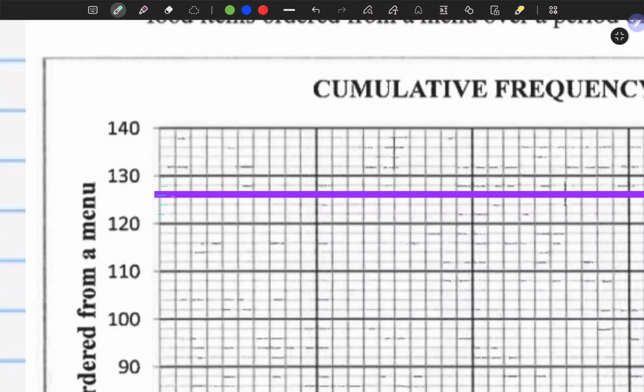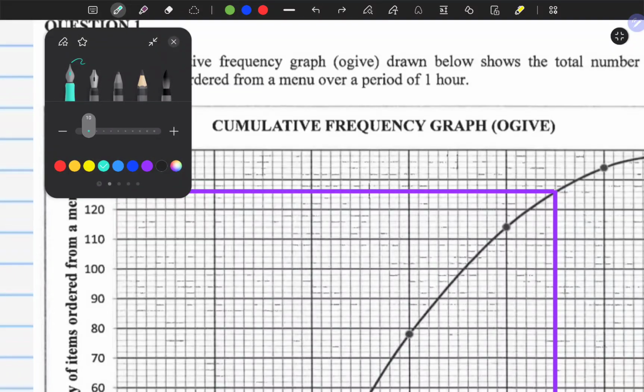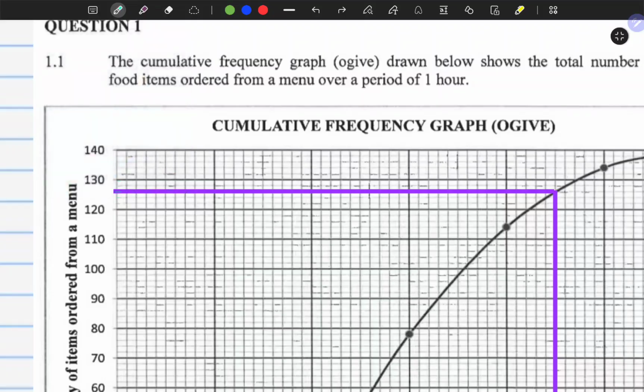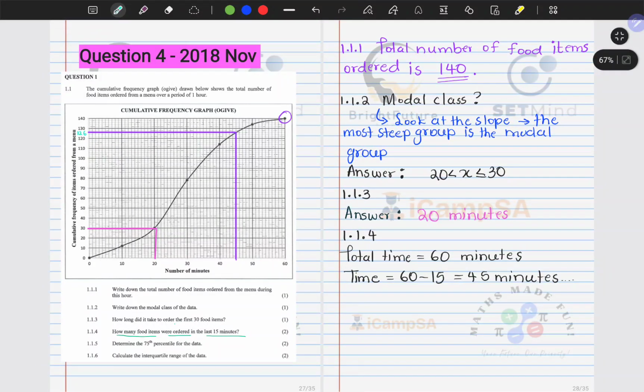Okay, so that is 126. So our answer there is 126. So in the last 15 minutes, we had ordered 126 items.